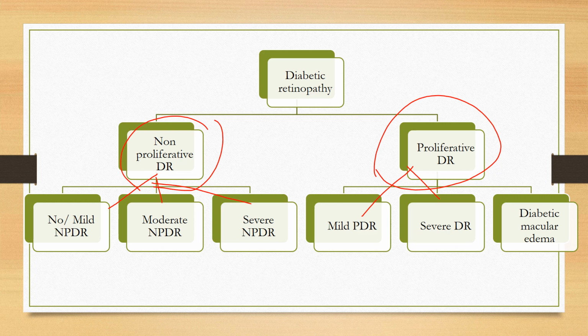So these are the classifications for diabetic retinopathy. As of now, just recap your pathogenesis and classification of diabetic retinopathy, and take a break. We'll discuss further in the upcoming slides. Fine. Thank you.